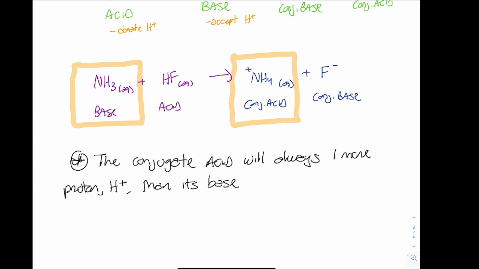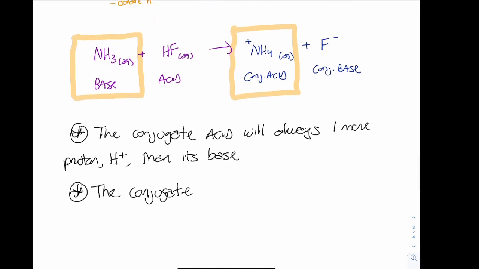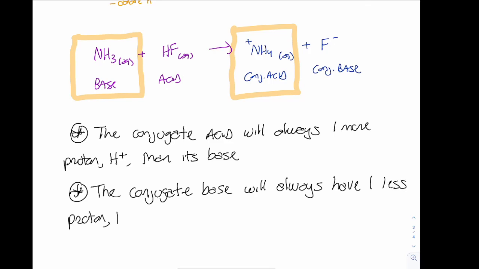The conjugate acid will always have one more than the base. And then our conjugate base will always have one less proton than its acid.